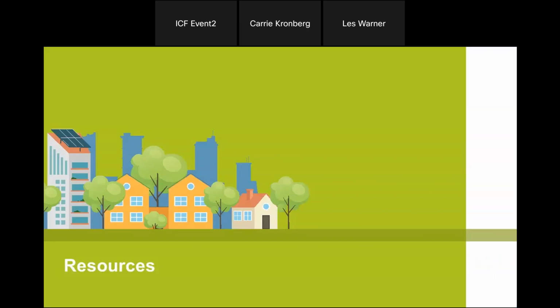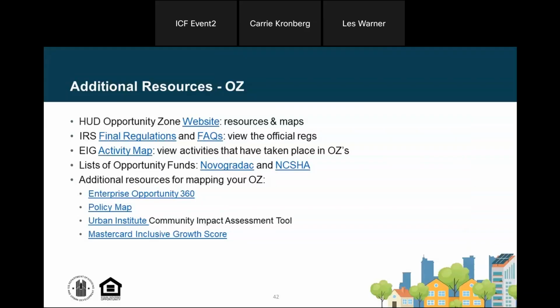So we've covered a few resources throughout, and we have one last slide of additional opportunity zone related resources. So first, HUD has an opportunity zone website that includes opportunity zone resources and maps. The IRS oversees the opportunity zone program, and they have the final regulations and frequently asked questions available.